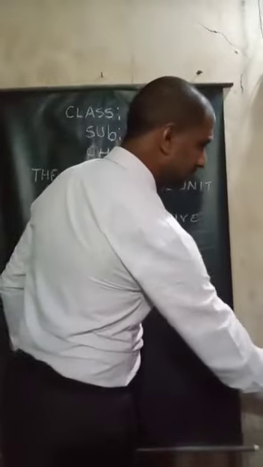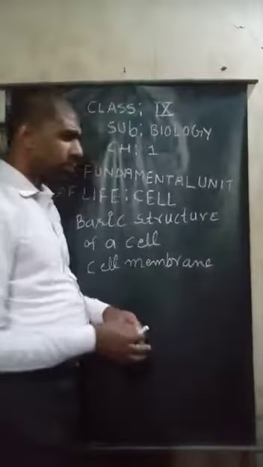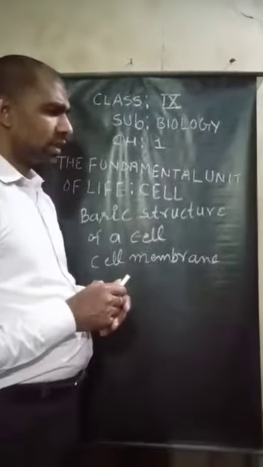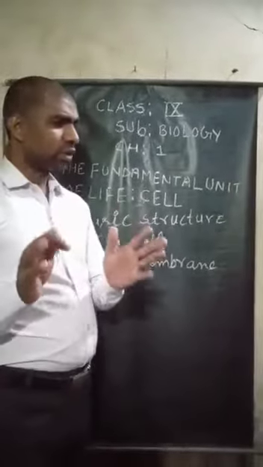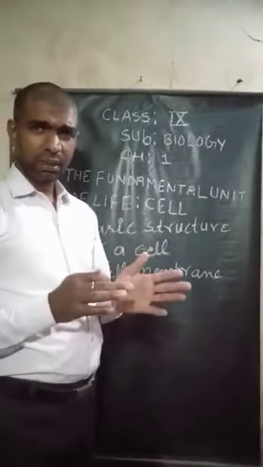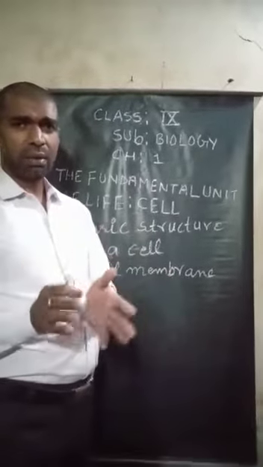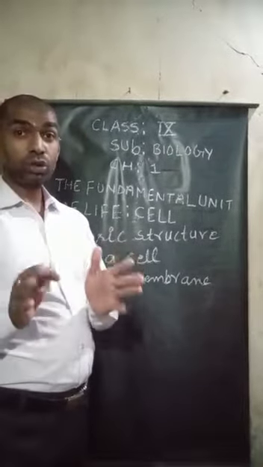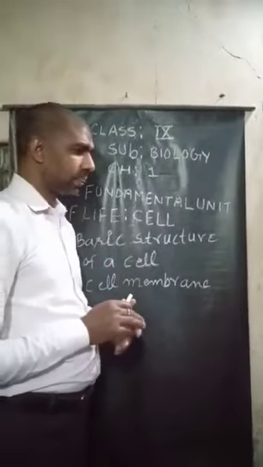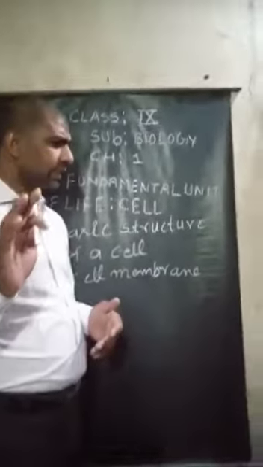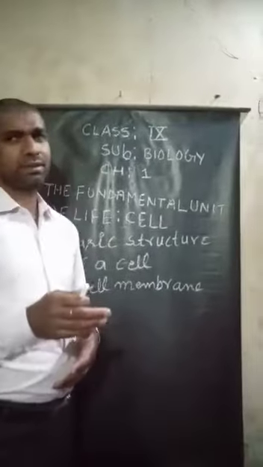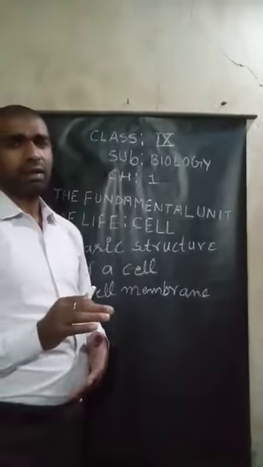So the cell membrane or plasma membrane is the outer covering of the cell and is present in the cells of plants, animals and microorganisms. That means in all of these the cell membrane is present.